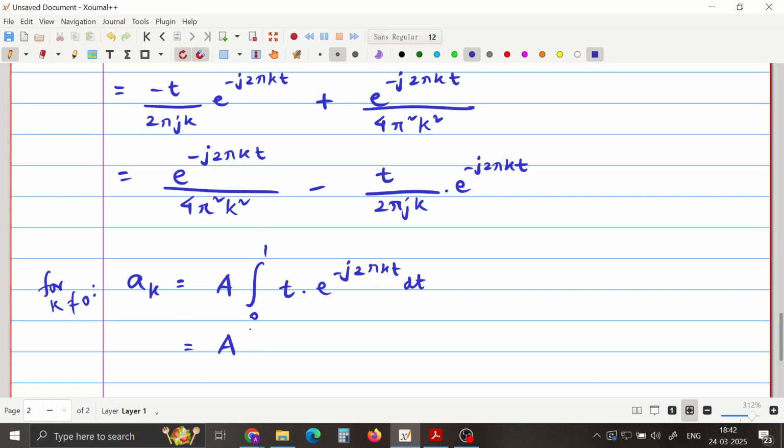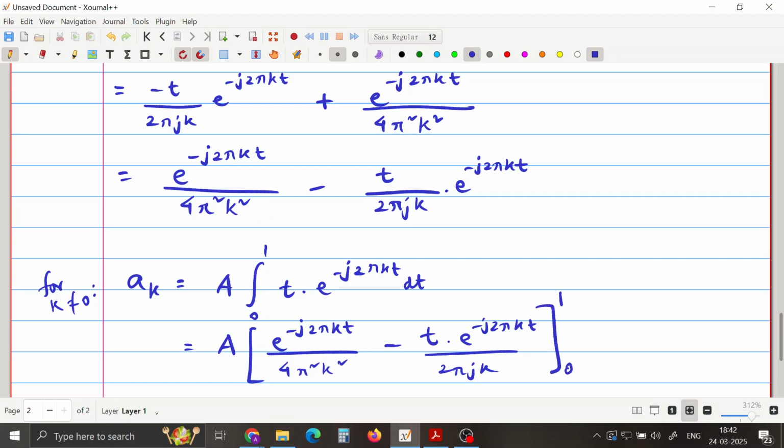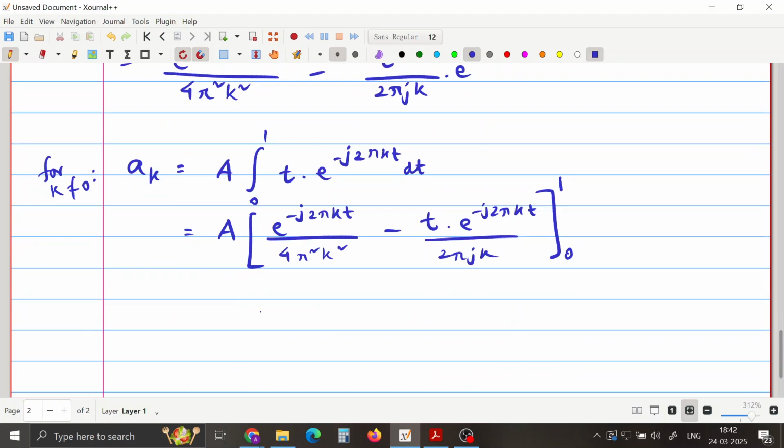So this is the expression, and we'll substitute the limits now. So what do we get? A times, upper limit is 1, so if we plug in 1, what happens?